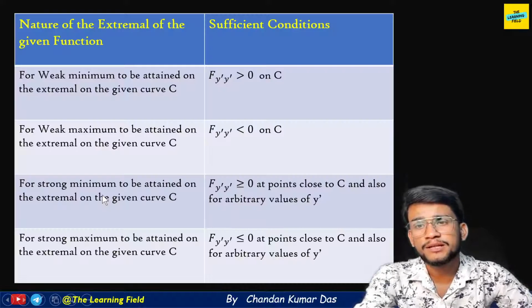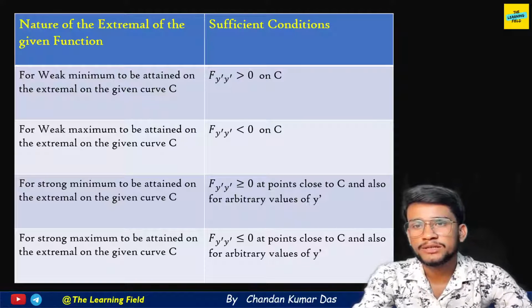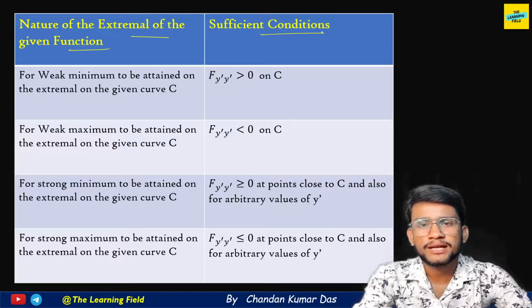So what is the table? This is the table: the nature of the extremal of the given functional and the sufficient condition.